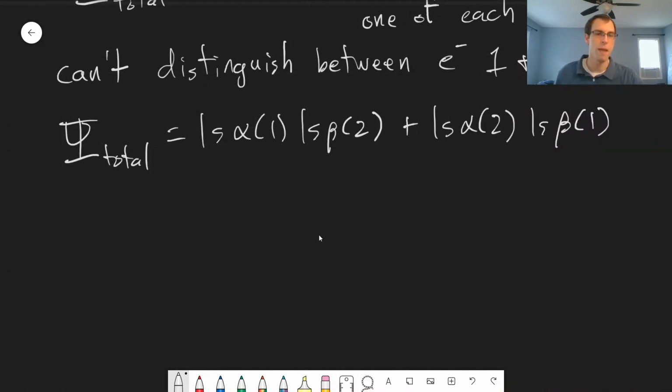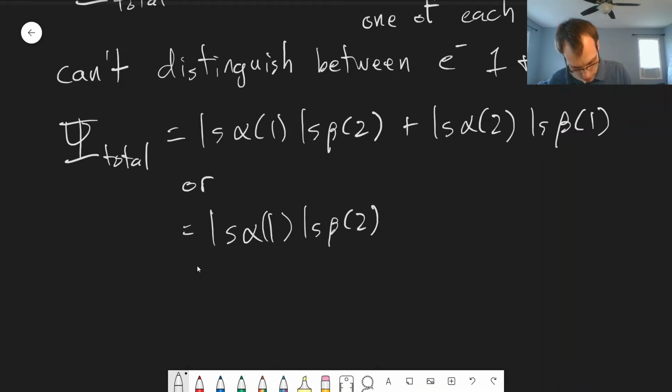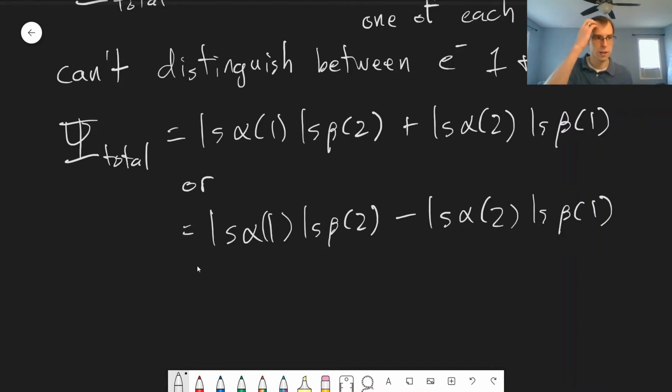Mathematically, it doesn't really matter whether we add or subtract them. So we can have the other option that we have 1s alpha 1, 1s beta 2, minus 1s alpha 2, 1s beta 1, right? And we have to do this because the electrons are indistinguishable, and this is a fundamental property of them.